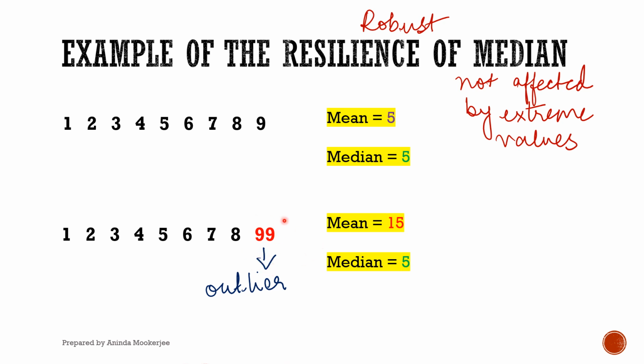So that's what we mean when we say that the median is a robust measure, a resilient measure, because it's not affected by extreme values. Extreme values will not change the median in a list.